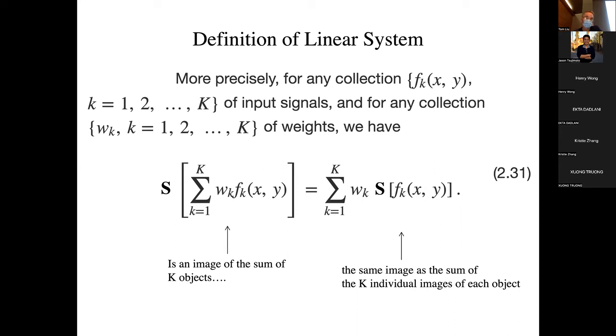So it's the definition of linearity, right? It doesn't matter if you sum up the pictures first and submit it to the system, or you use the system to transform each one of those individual pictures and then sum them up. You get the same result in the end.